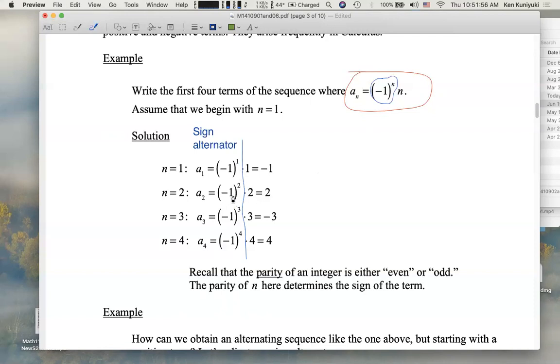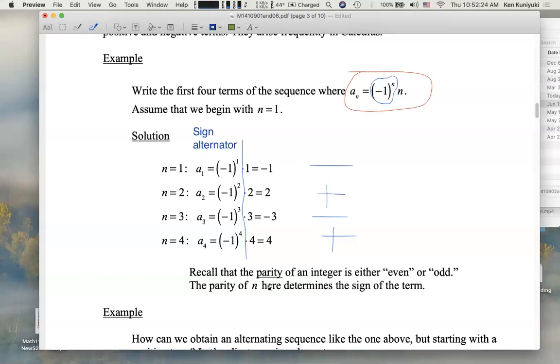Over here, we have -1 to the second power. Anytime you have an even exponent, you end up with a positive, right? So the sign alternators here tell us that we start with negative, positive, negative, positive, and so forth. So we get -1, +2, -3, +4, and so forth.